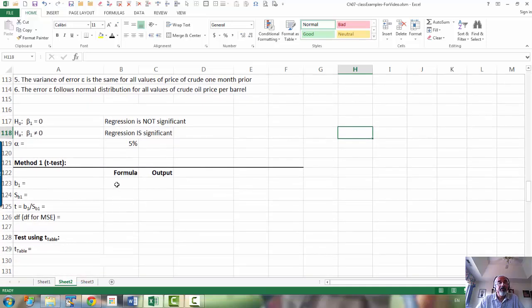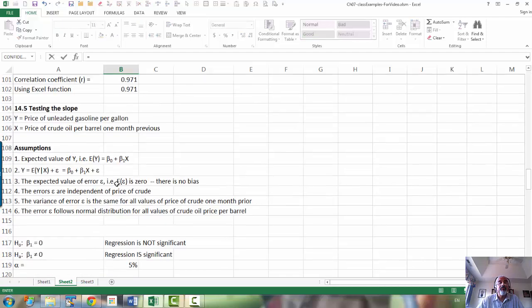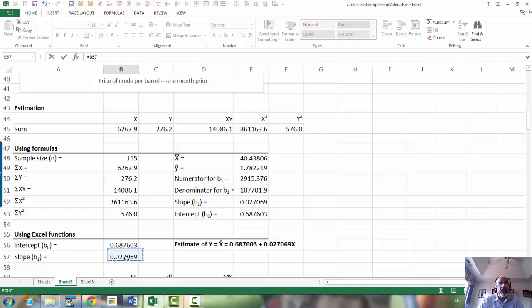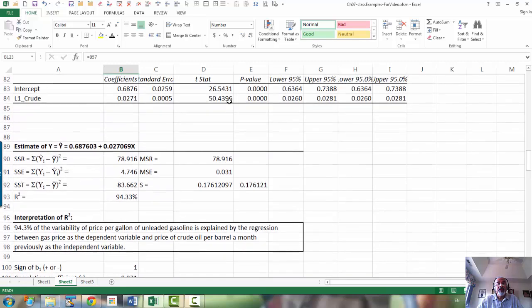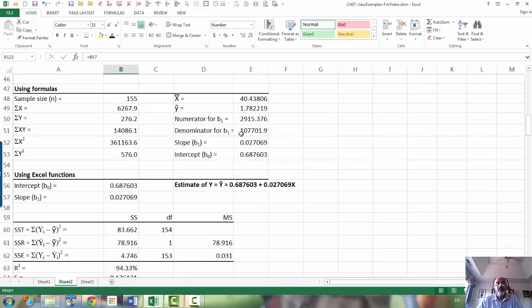And now B sub 1, we know B sub 1 from here, or we can use that one, either one. It doesn't matter. Now S sub B sub 1, the formula for S sub B sub 1 is S over square root of the denominator of B sub 1.